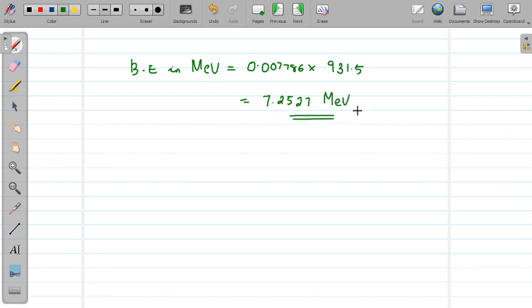So this is the binding energy in terms of mega electron volt. All you need to do is multiply the mass defect in terms of U with 931.5.